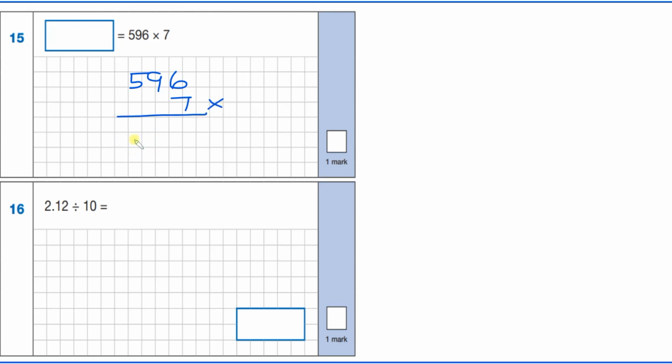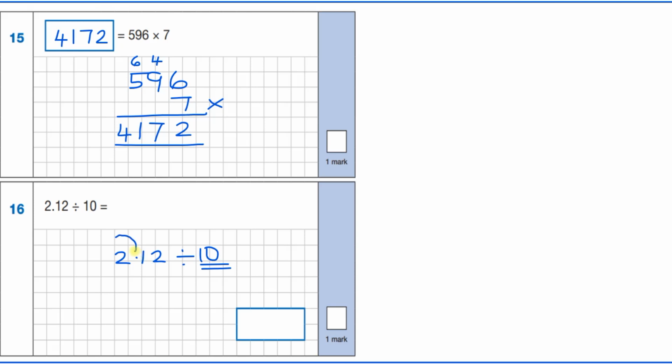You have to be familiar with the 7th timetable. 7 times 6 is 42, 2 and 4 remaining. 7 times 9 is 63, 63 plus 4 is 67, 6 remaining. 7 times 5 is 35 plus 6 is 41. So the answer is 4,172.